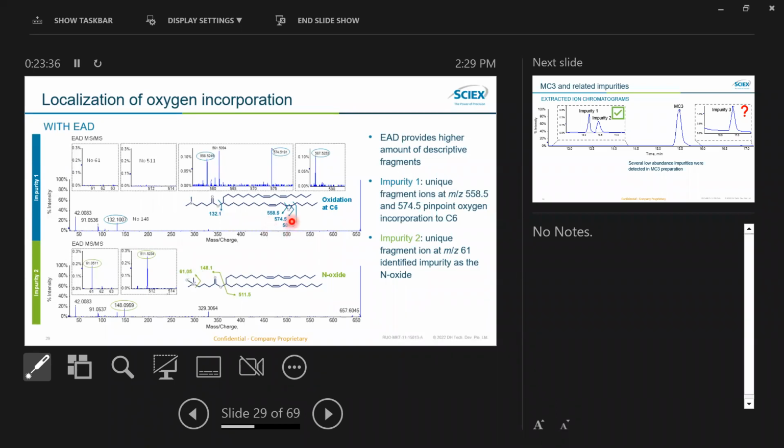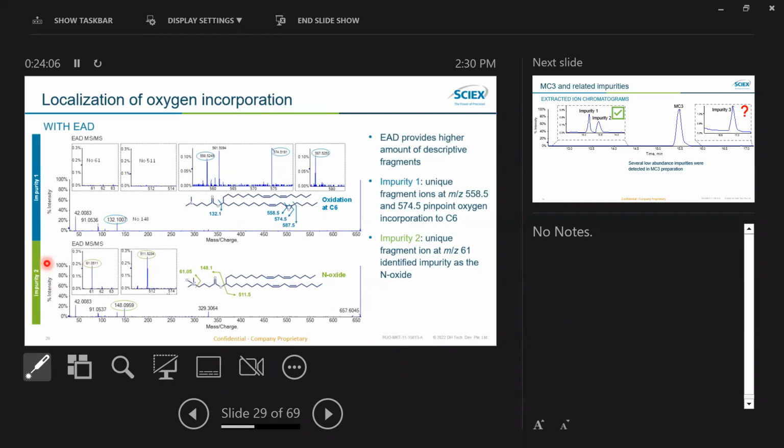These were unique. We did see disruption of the double bond at position 6, and then oxygen incorporation after that with the 574 and the 587 peaks. And so this indicated that oxygen incorporation was somewhere at position 6. We drew an epoxide structure because that seemed to fit the data the best.